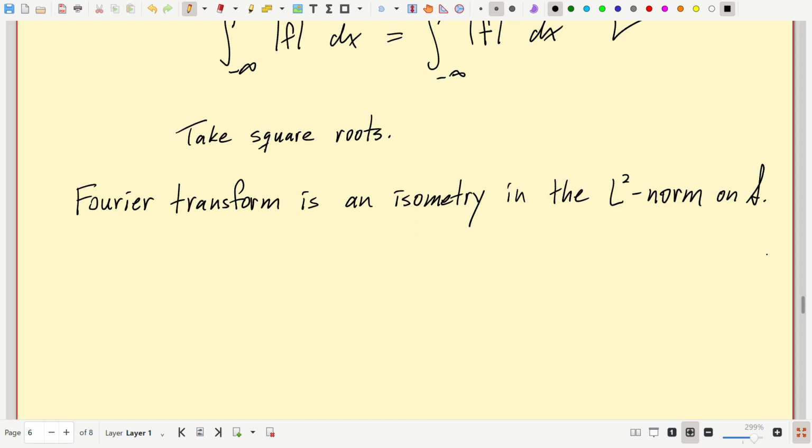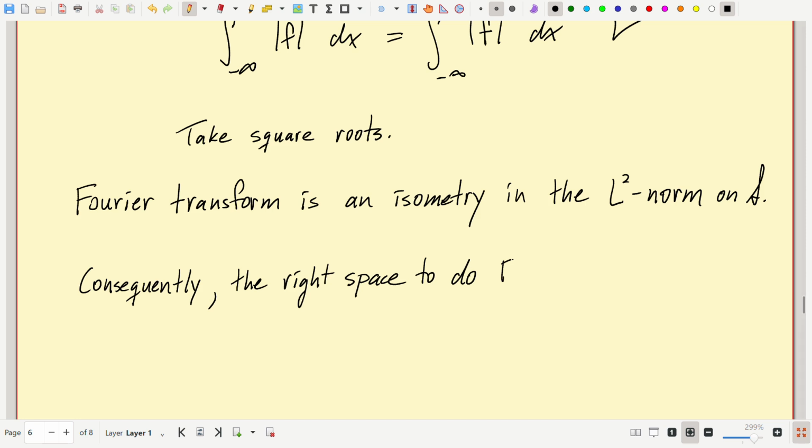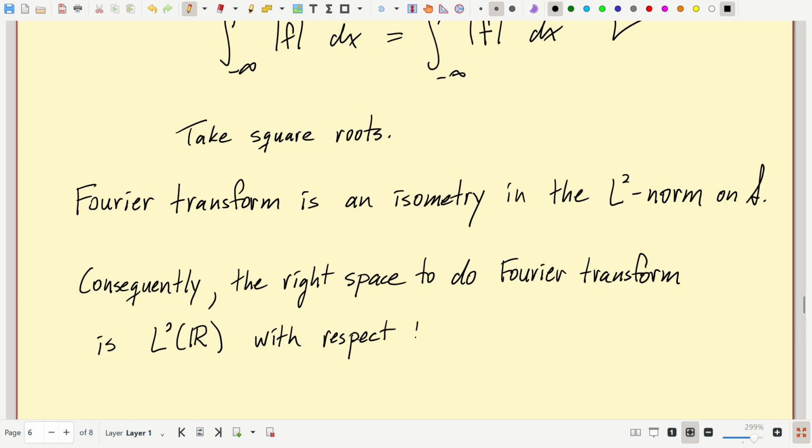And so the moral of the story is that the right space to do Fourier transform is L2 of R in the Lebesgue integral sense with respect to Lebesgue measure. Because you need it to be complete.